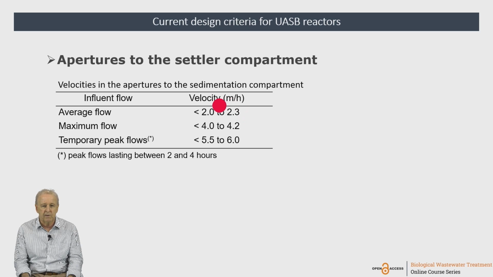So we admit a much higher velocity here through the apertures, and also for the maximum flow, for the temporary peak flows. But if the velocity is above 2.3 for the average flow, we should increase the width of that aperture to reduce the velocity. So those are the guidelines, the indications.